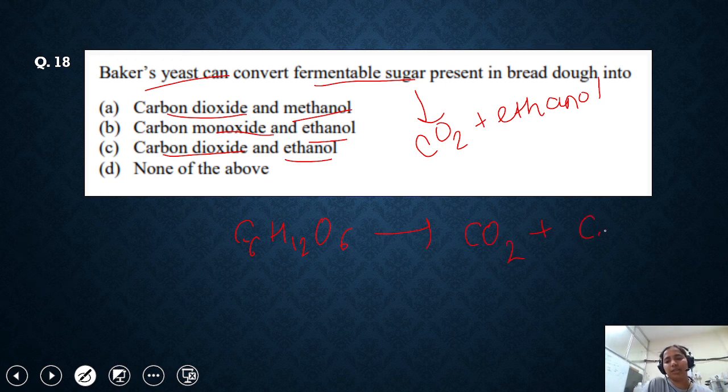You can call it C2H5OH formed, and you must balance this equation. So when you ferment this fermentable sugar, it will form CO2 and ethanol. For this, the answer is C.